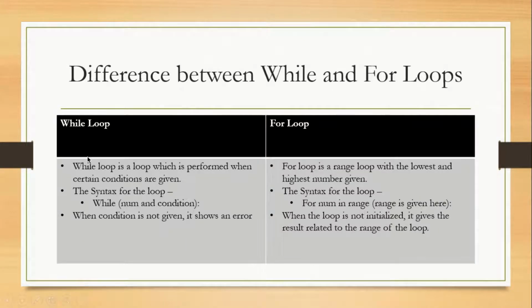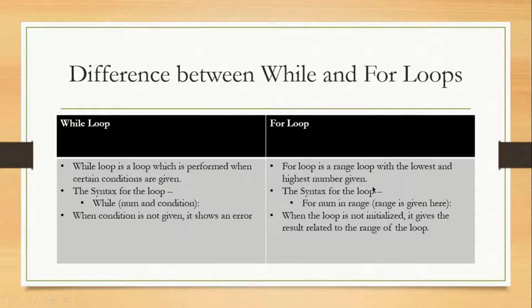So the differences between both loops. While loop is a loop which is performed when a certain condition is given, and for loop is a range loop with the lowest and highest number given. So I showed that to you in the code. Then syntax of the loop: while num and the condition is given, that is like num is less than equal to 10.